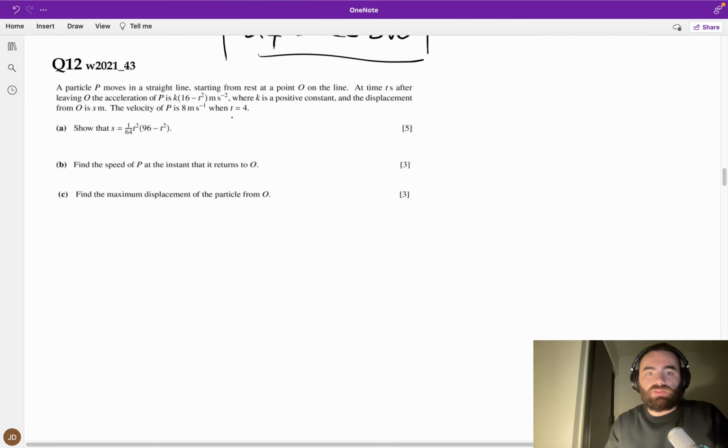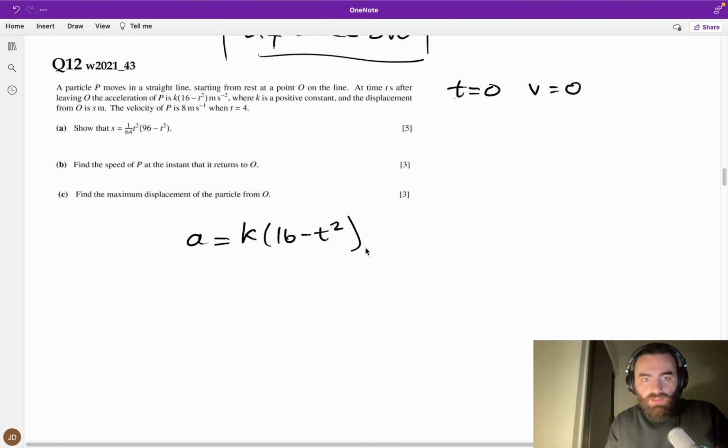So a particle P moves in a straight line from rest at a point O on the line. So from rest, so at t equals 0. Write out what they give you. t equals 0, v equals 0. The acceleration is k times 16 minus t squared, where k is a positive constant, and the displacement from O is s.